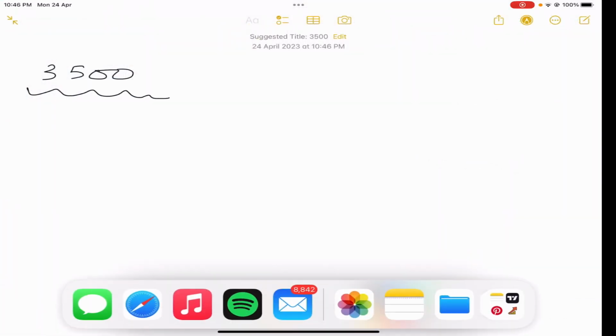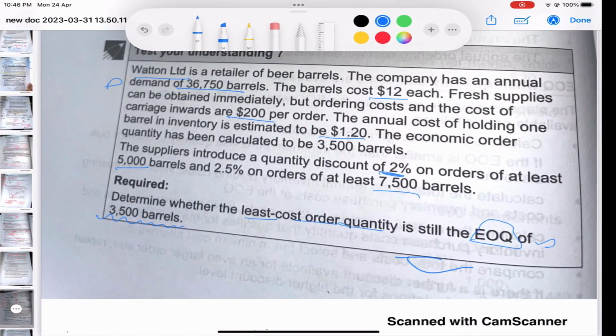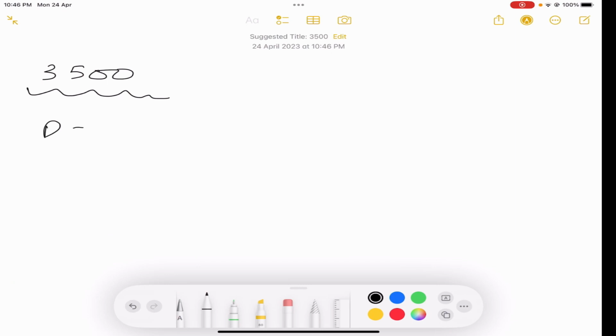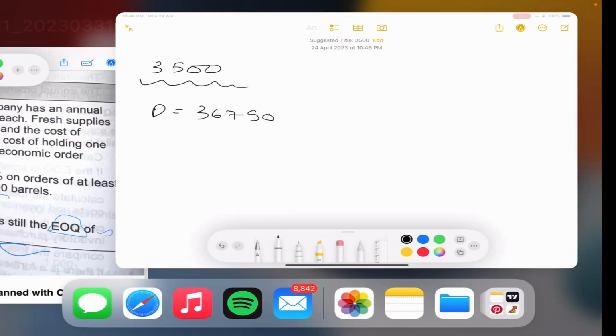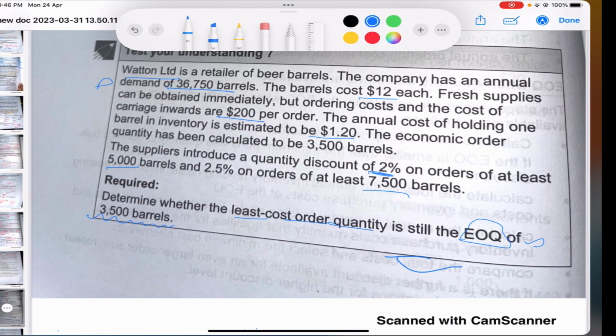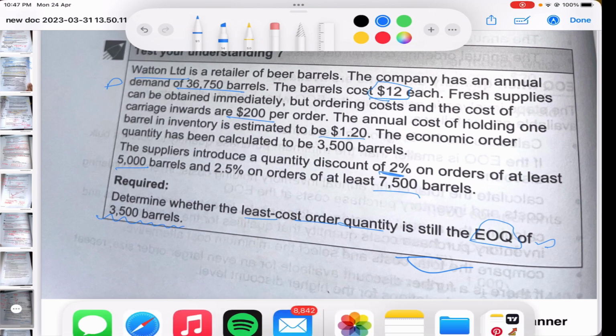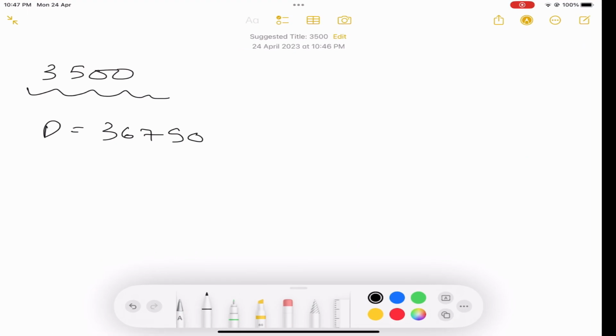Let's go to the question and see what all is given. Annual demand is 36,750. I hope you're solving it along with me. The barrels cost 12 each, so each is costing $12. Ordering costs would be 200 per order.